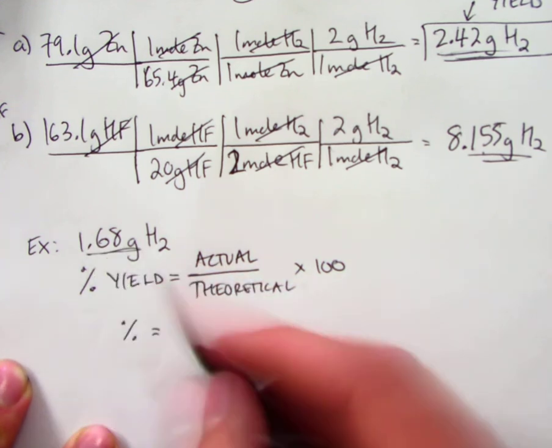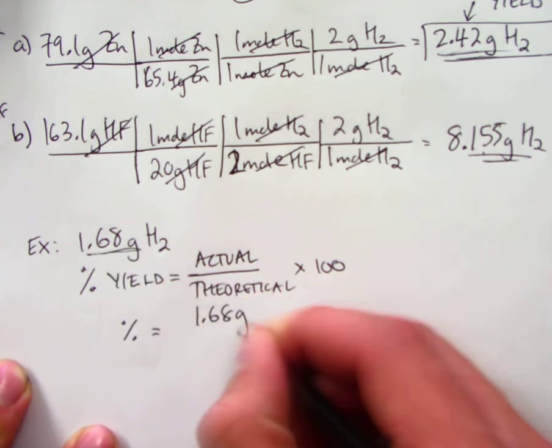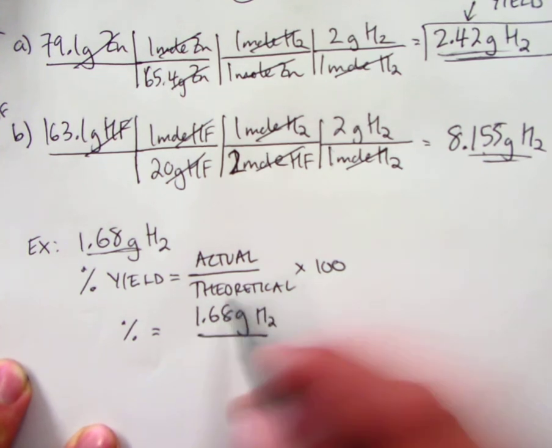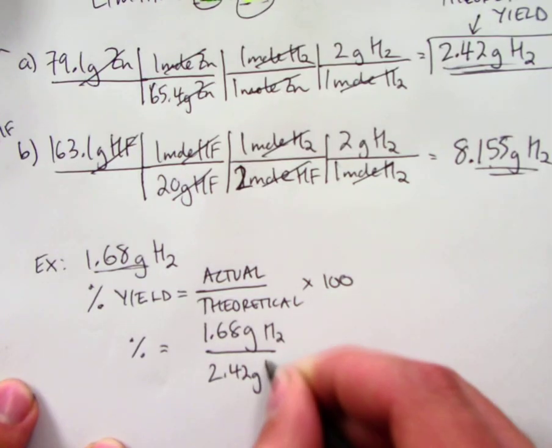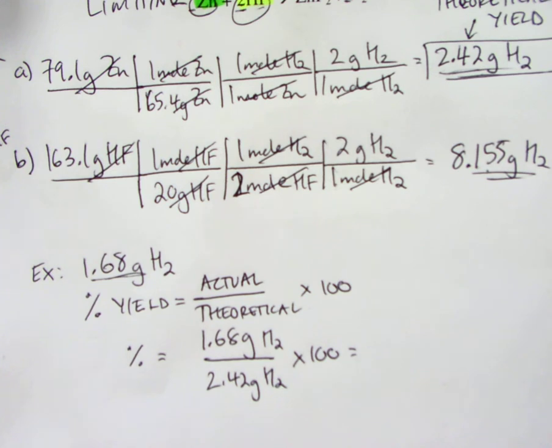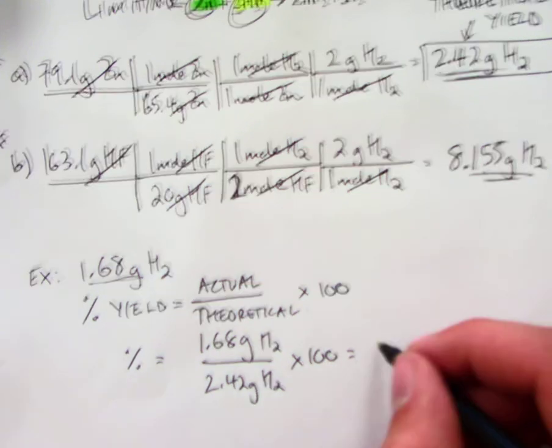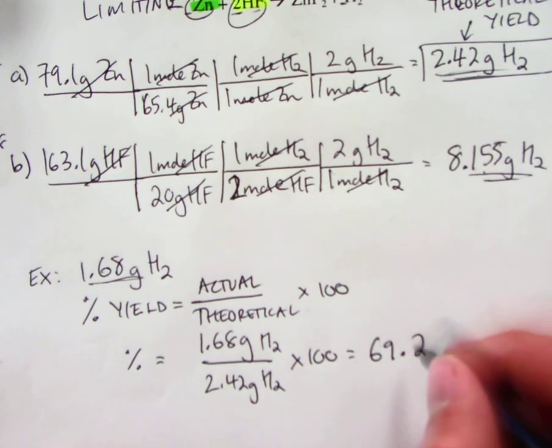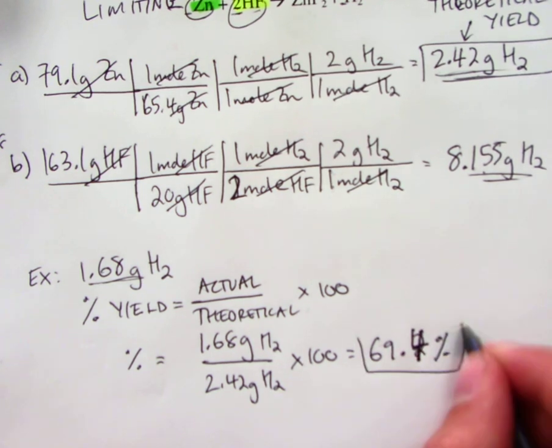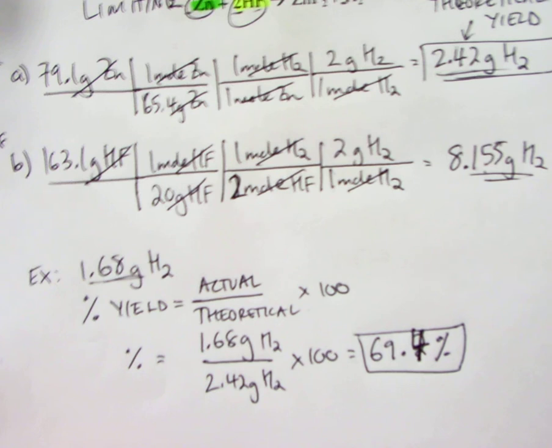Again, I just made up this number, 1.68 grams of H2, divided by our theoretical yield, which was 2.42 grams of H2, times 100. So if I do that math out, 1.68 divided by 2.42 times 100 would give me a percent yield of 69.4%. That would be my percent yield in this problem.